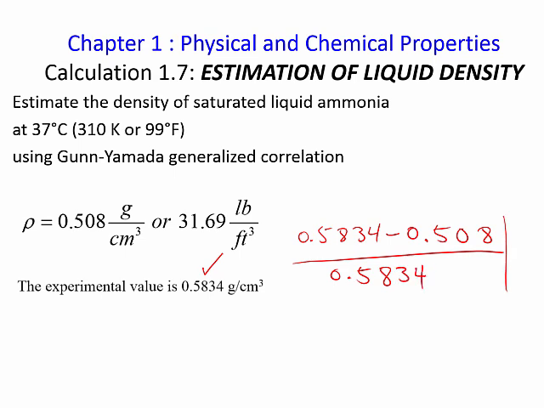If we take the absolute value of this quantity and get the percentage, we come up with a 12.9 percent difference between the calculated and experimental value.